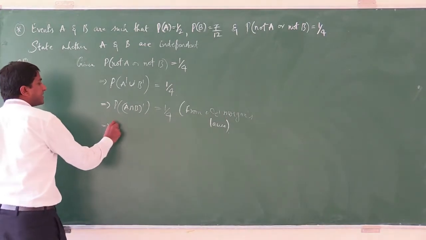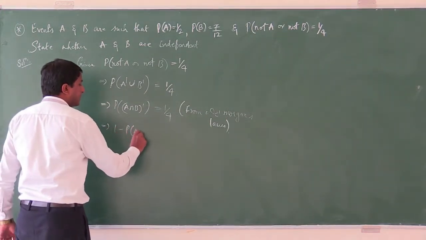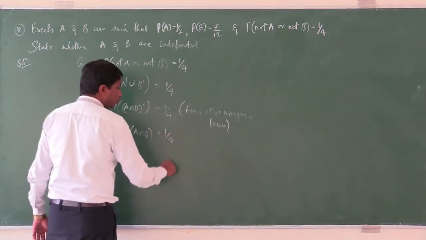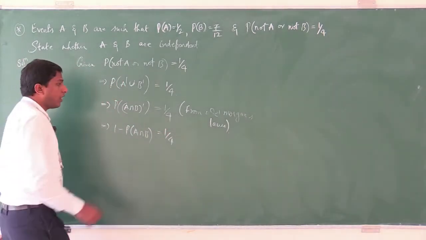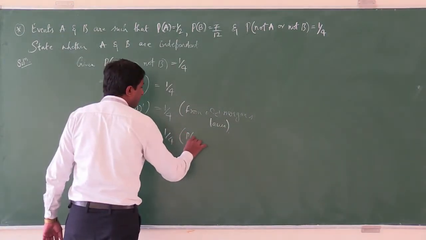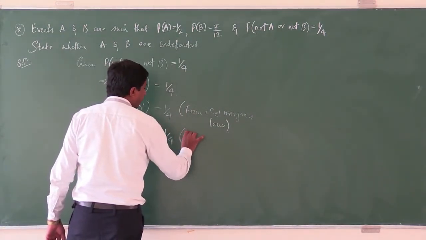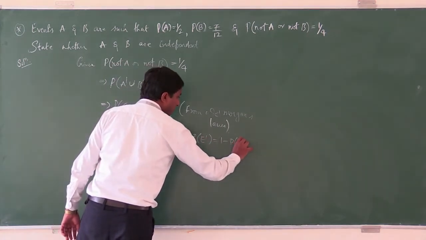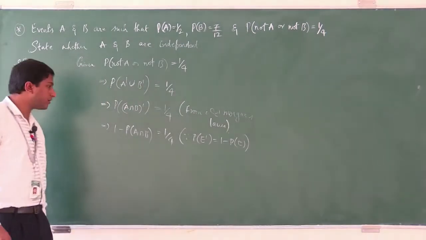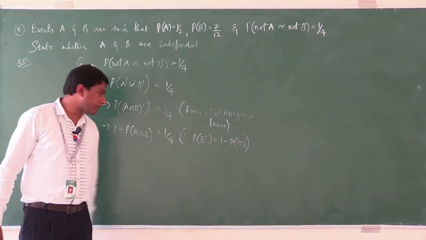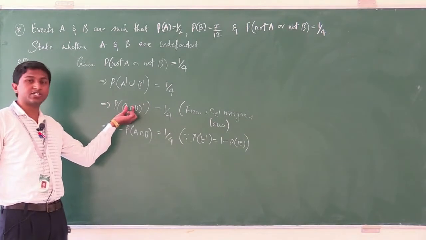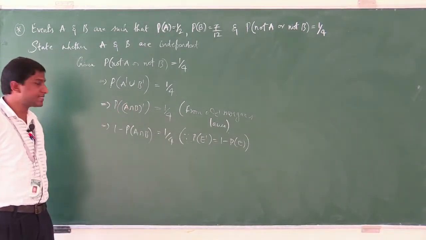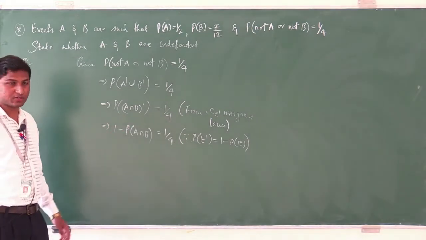I can write that as 1 minus P of A intersection B, which is equal to 1 by 4. We get this since P of E dash equals 1 minus P of E. In the place of E dash, here we have A intersection B. So this becomes 1 minus P of A intersection B.